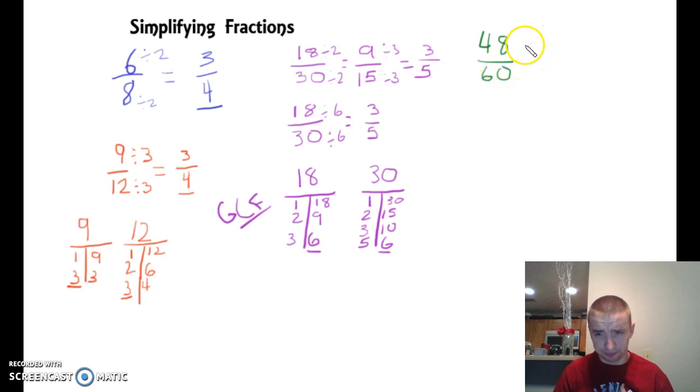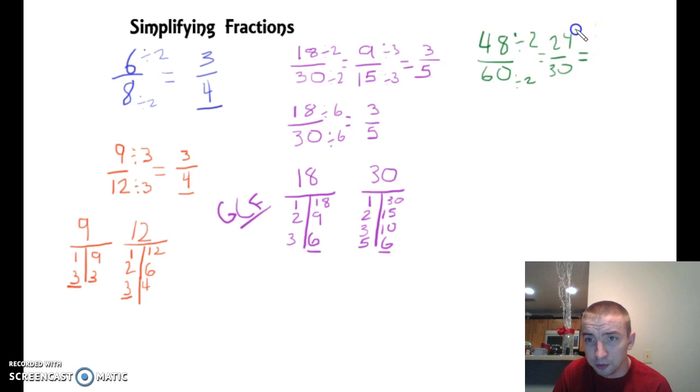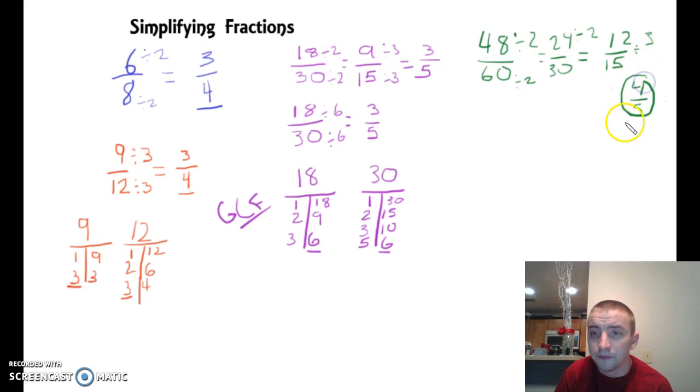Well, I know that I could divide by 2 and get 24/30ths. And then divide by 2 again and do 12/15ths. And then I could divide it by 3 to get 4/5. Sorry, I ran out of room there.